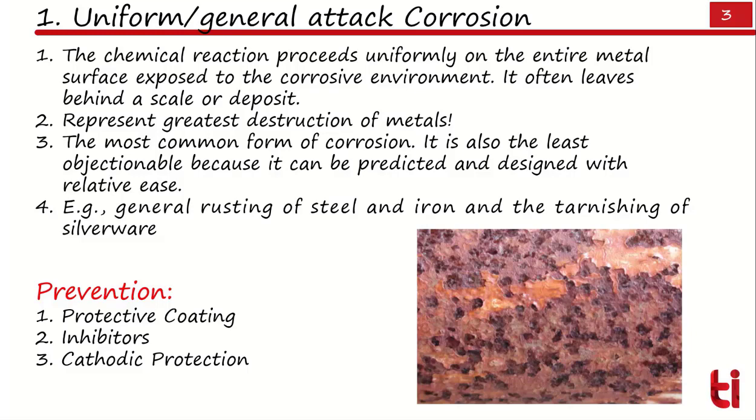The third mechanism by which you can prevent uniform corrosion is called cathodic protection. In our yesterday's class, we have understood that whenever there are two metals in physical contact with each other, then one of them will act as anode and the other one will behave as cathode.